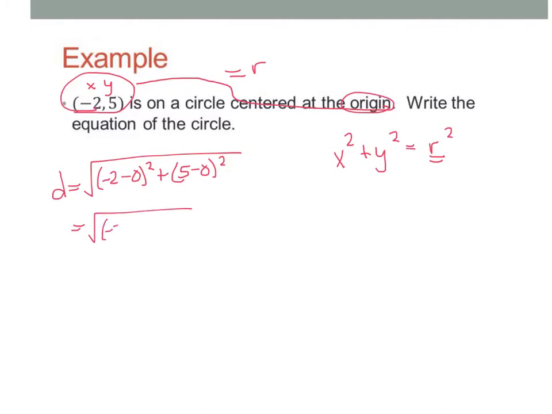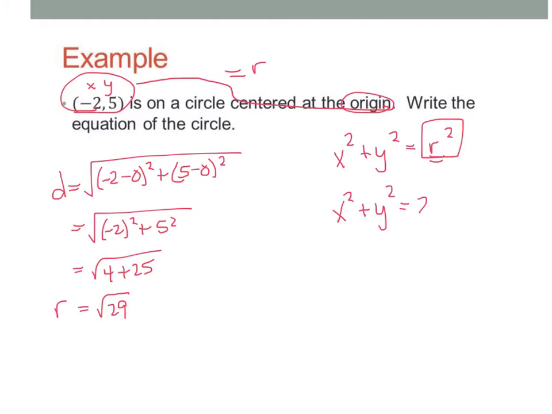So it looks like we have -2 squared plus 5 squared. So we're looking at 4 plus 25. So the square root of 29, so that's our radius. And since our equation is r squared, we actually then get 29, because if we square that square root, there is the equation of our circle.